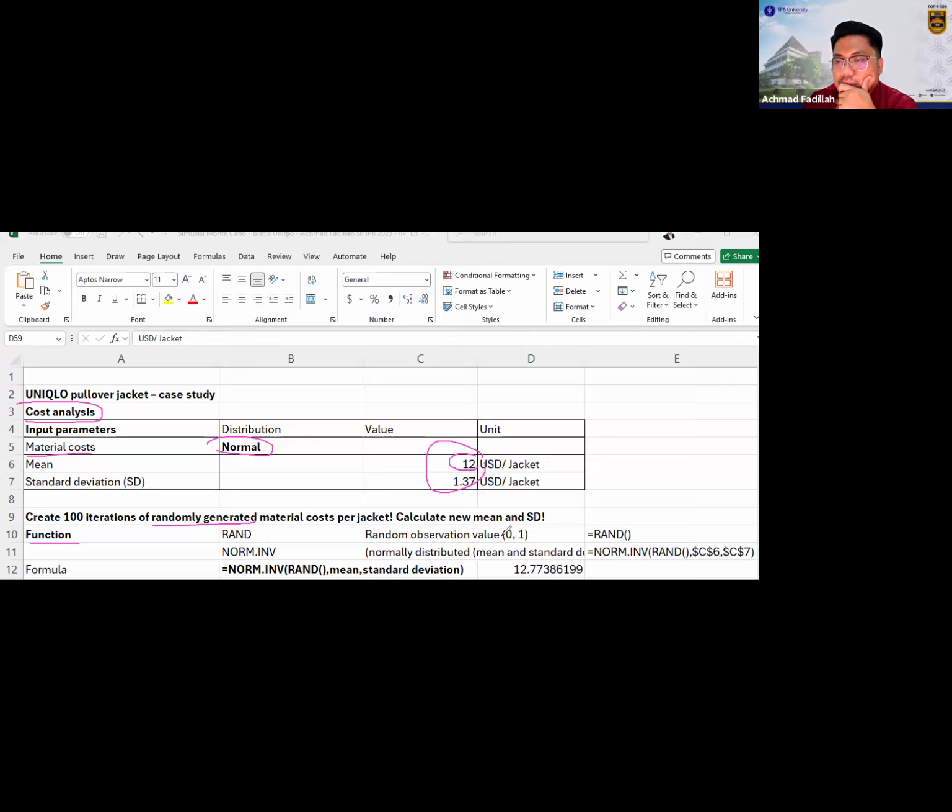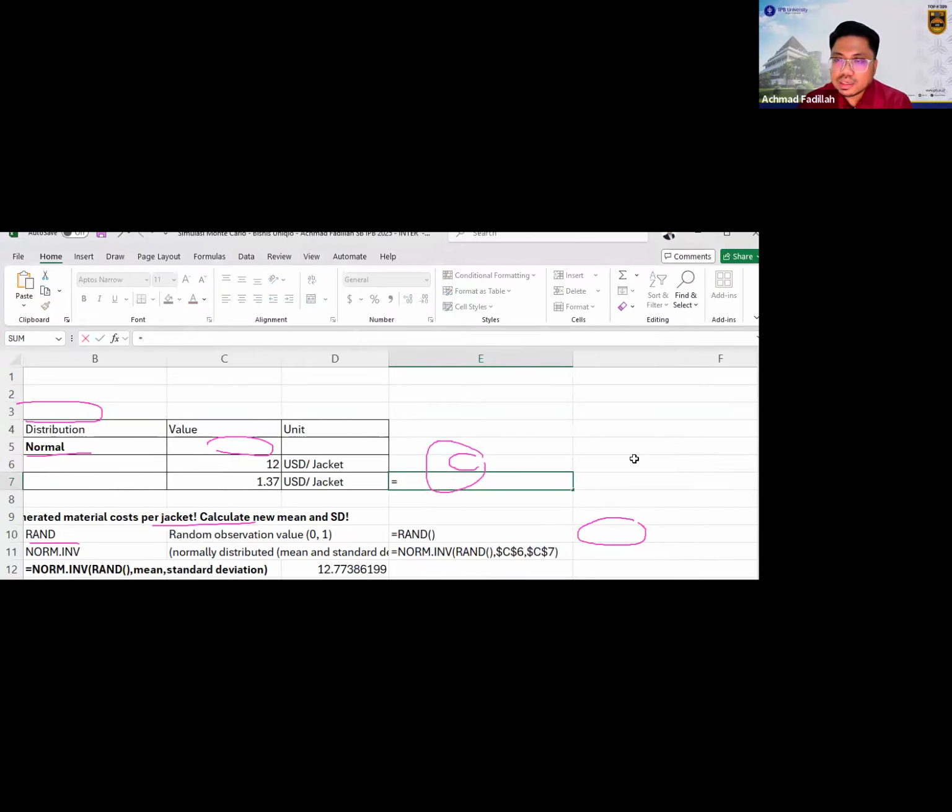And now we have events, 0 or 1, it means the value is between 0 and 1, and this is the function. You can enter it in the Excel.